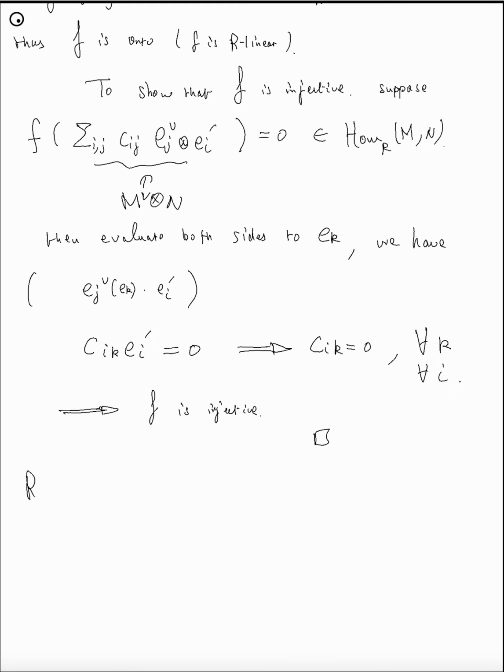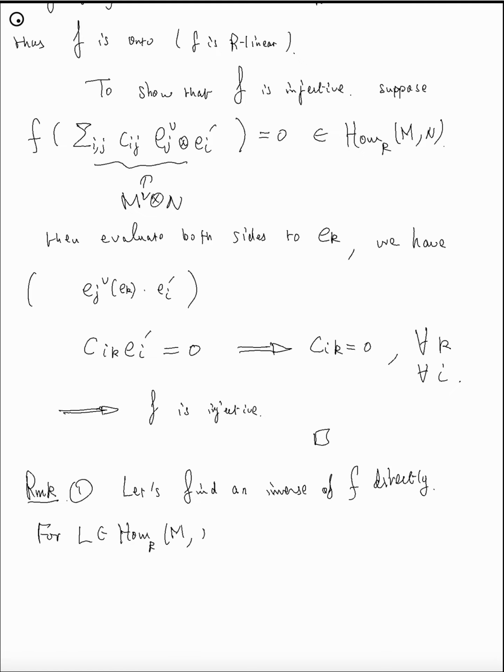Let's finish the next remark. First remark. Let's find an inverse of F directly. Let's start from the right hand side and then let's define a map.